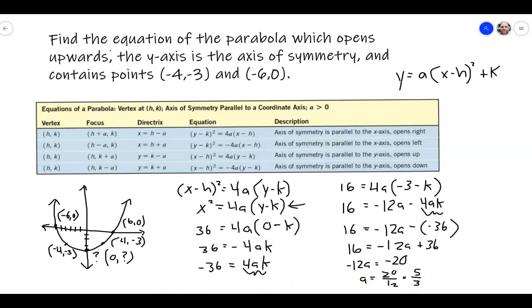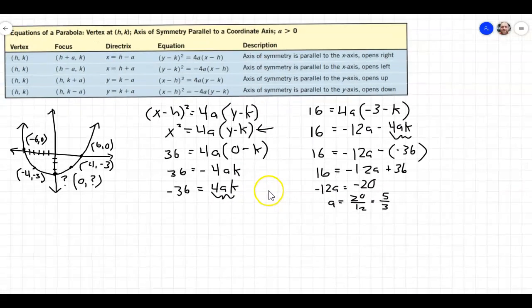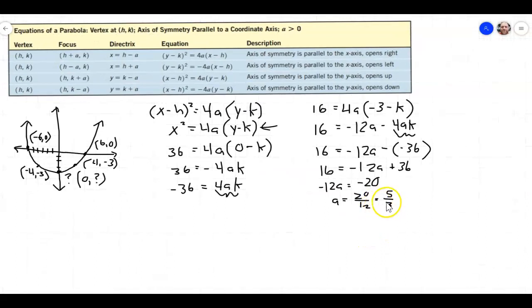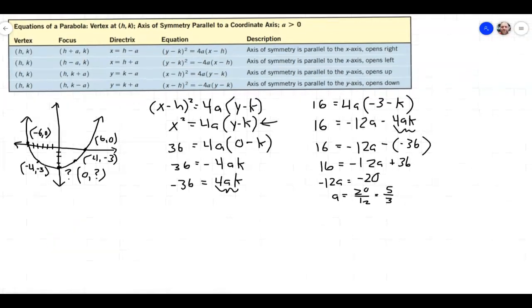And let me kind of move this a little bit, give us a little bit more room here. But let's see what we can do with that. Now that we know our A, I can go ahead and put it back into this formula up here. So I've got x minus h, quantity squared, is equal to 4, here's my A, times 5/3 times y minus k, right?